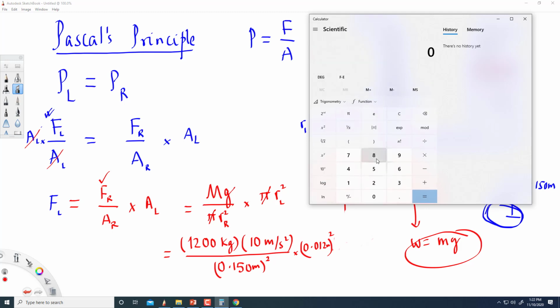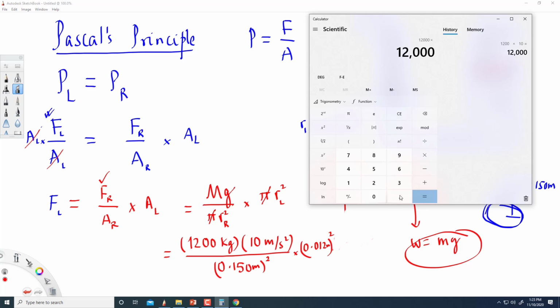Okay, so let's do that again. Because the ordinary calculator sometimes, when you do that square, doesn't do it in the correct order. So that's why you need to use a scientific calculator. Square means it's multiplying the quantity 2 times.